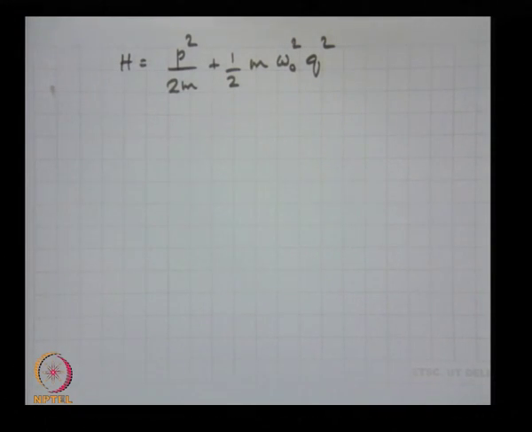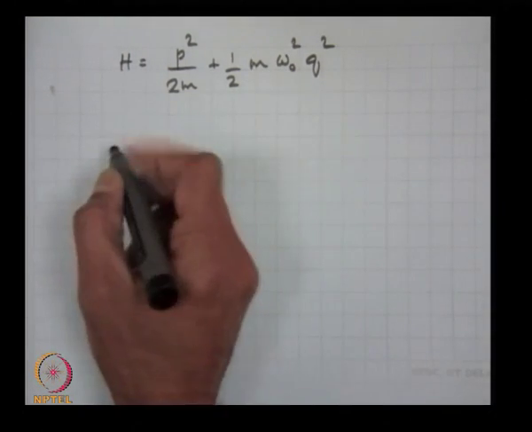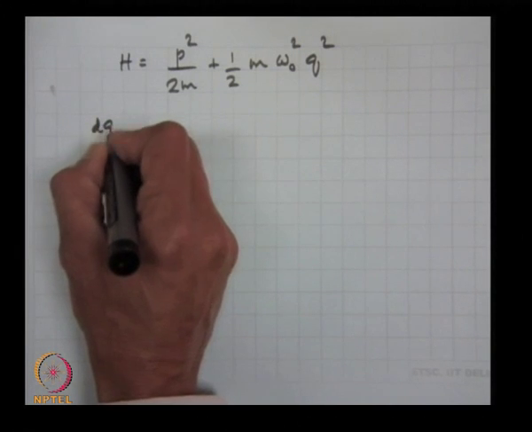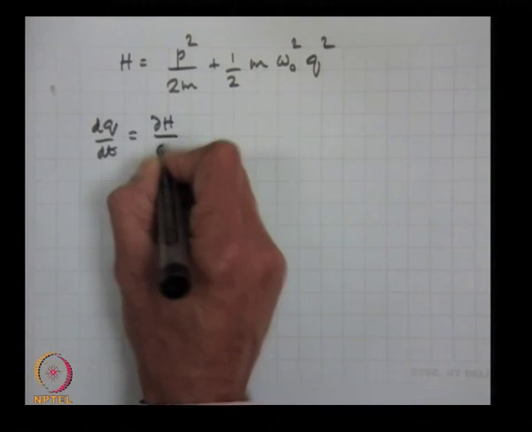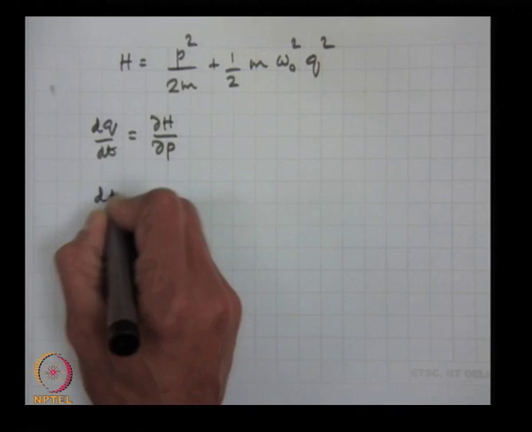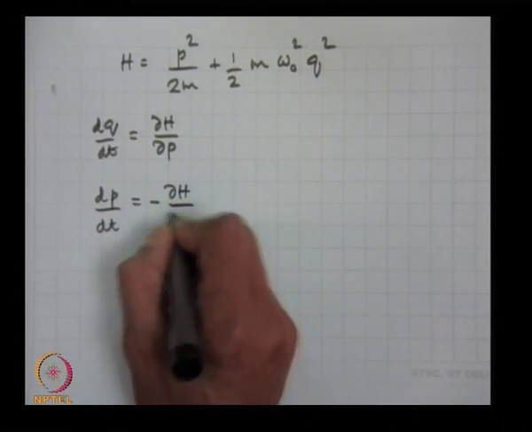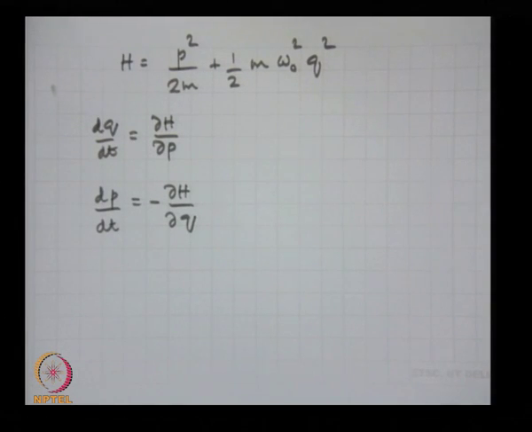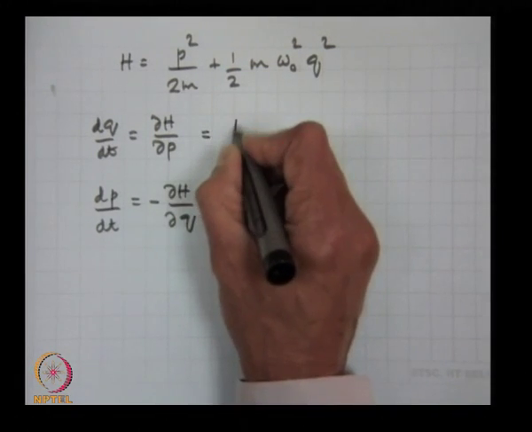Now, let me just check whether p and q correspond to conjugate variables. If this is the Hamiltonian and p and q are conjugate variables, then you know that dq by dt must be equal to del H by del p. This is one of the Hamilton's equations, and the other equation is dp by dt is equal to minus del H by del q. So, what is del H by del p?